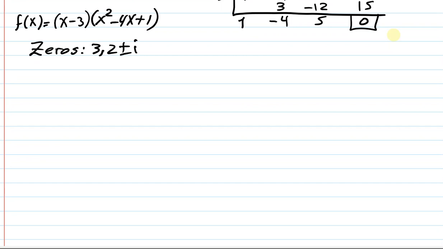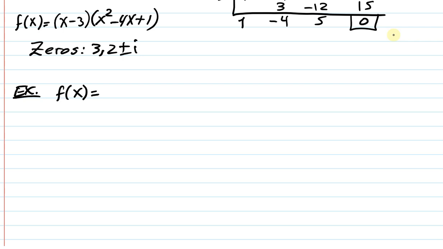All right. Now, let's say we want to find the zeros of something that has higher multiplicity. So suppose f of x is x minus 2, cubed, times x squared minus 7. So one of the zeros: x minus 2 is 0, so x is 2.